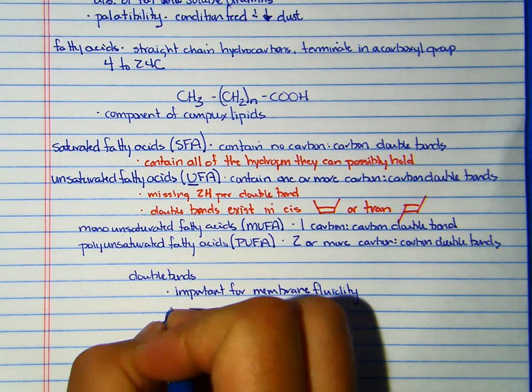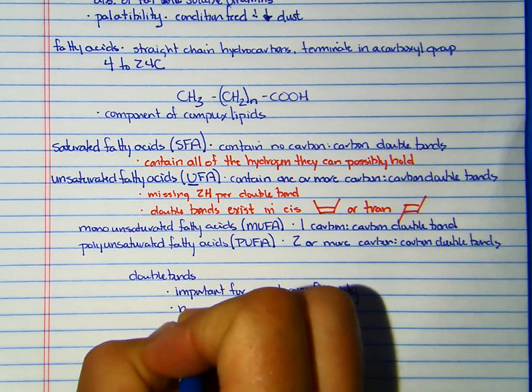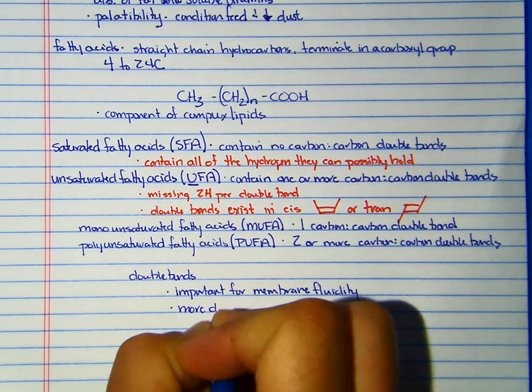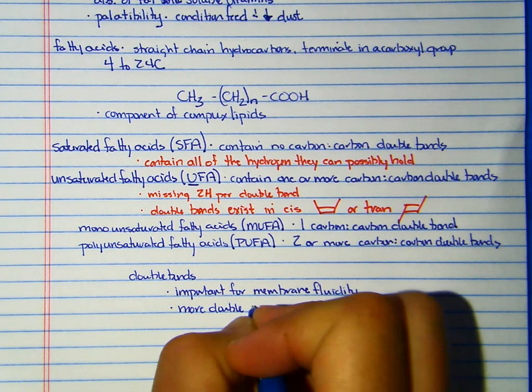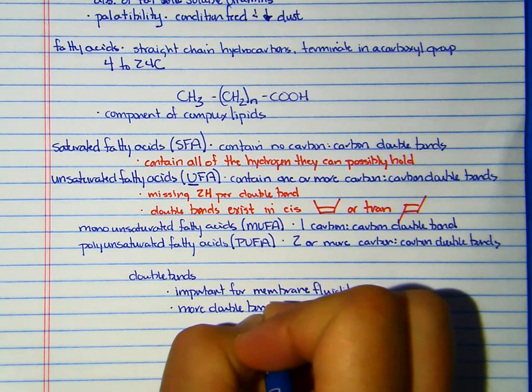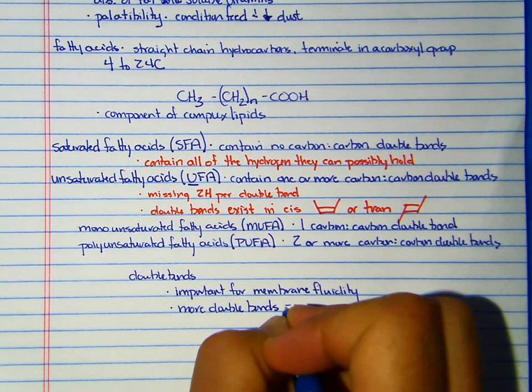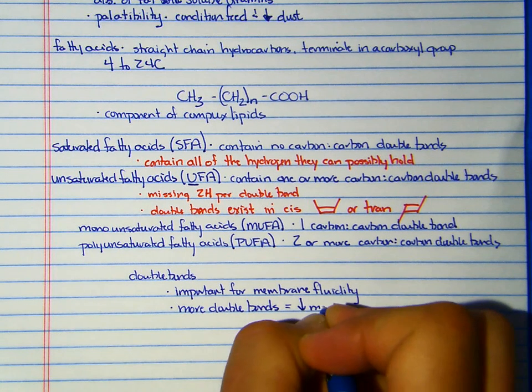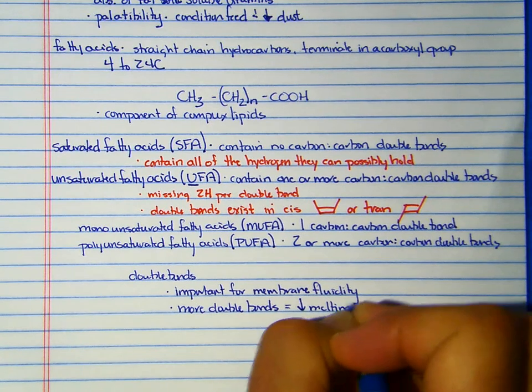And so with more double bonds, you decrease melting point.